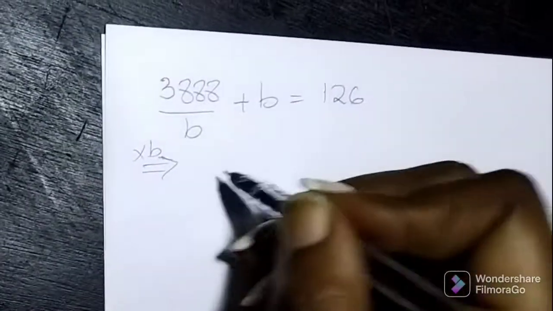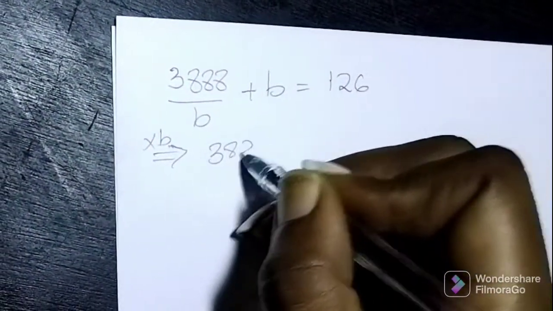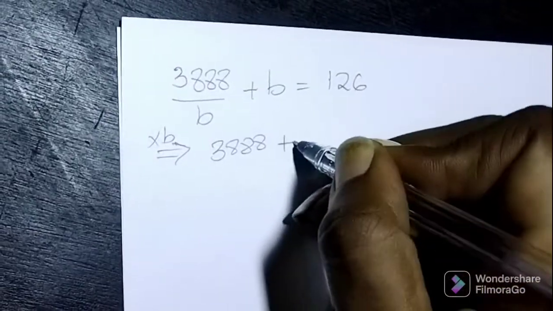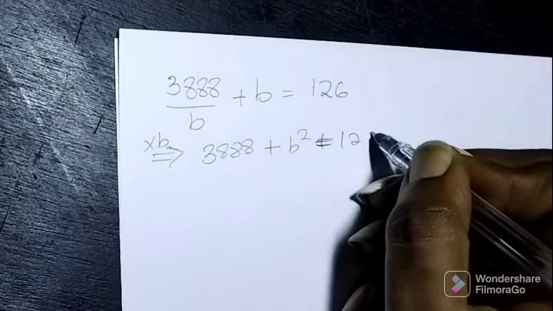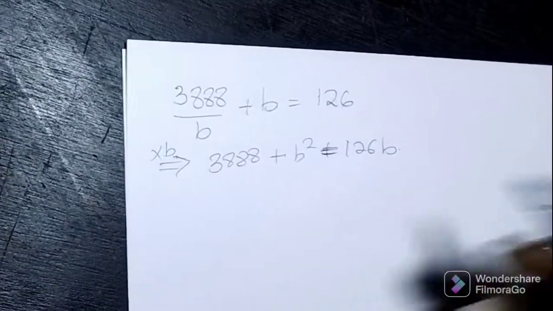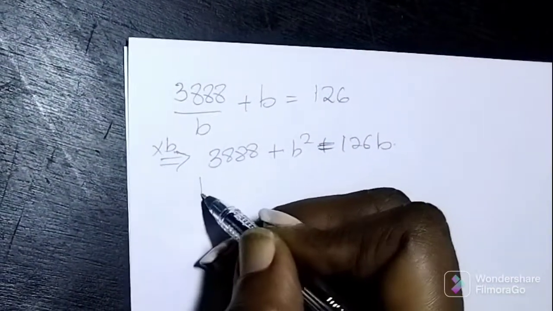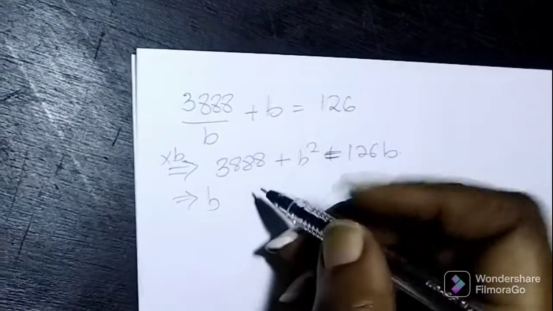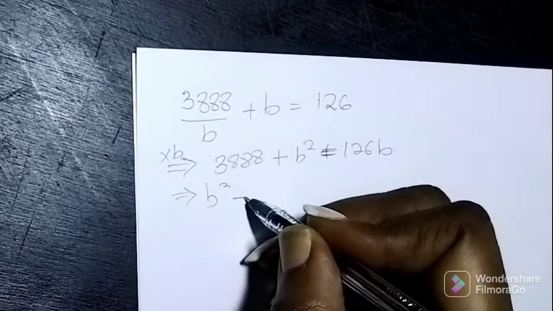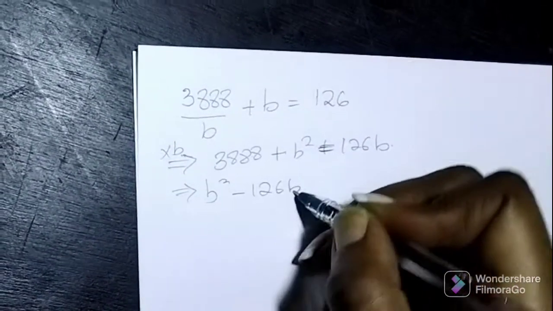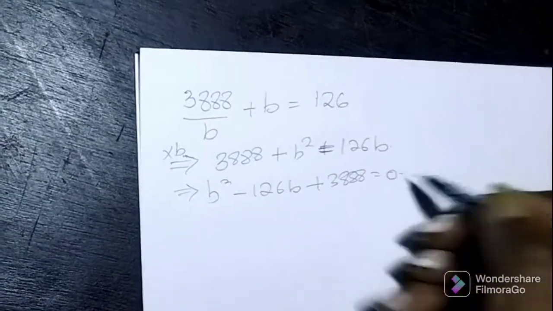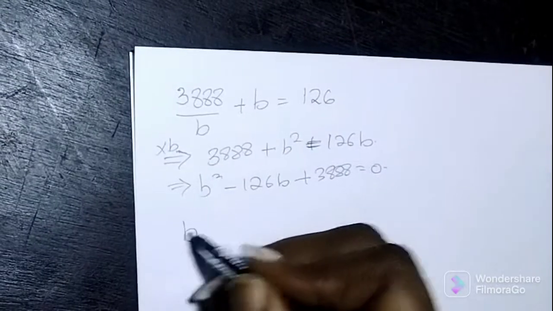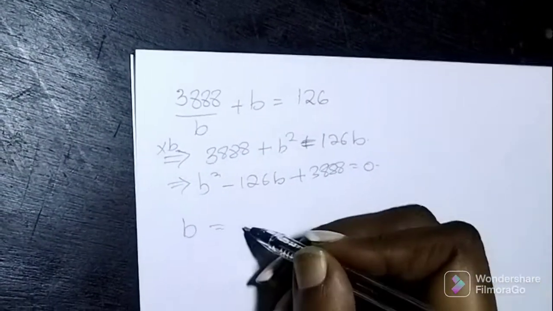If we multiply through by B, we'll have 3888 plus B squared equal to 126B. So if we rearrange it to look like a quadratic equation, we'll have B squared minus 126B plus 3888 equal to 0. So if we use the formula method to find the value of B, what do we have?